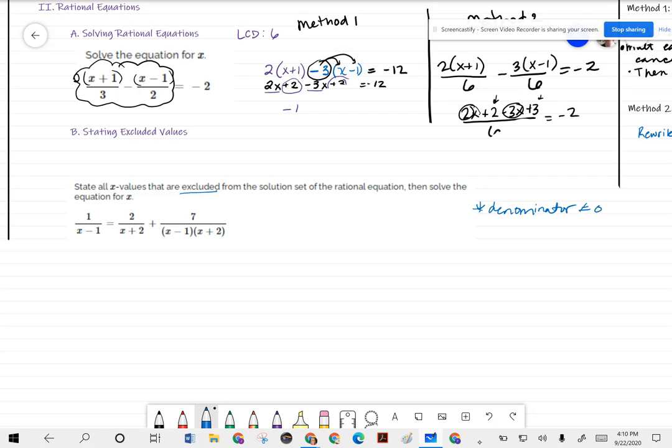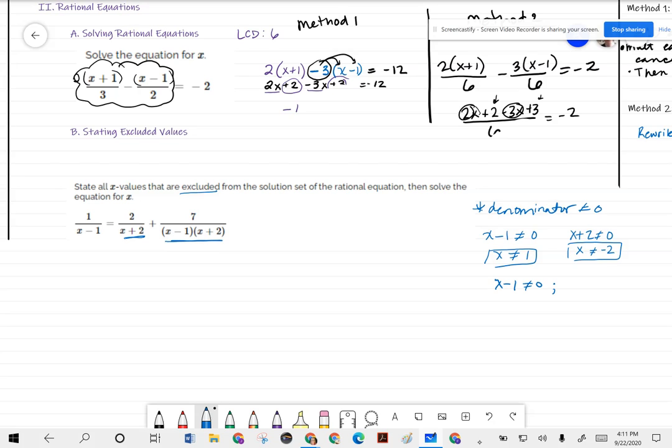So let's take a look at the first one. X minus 1 should not equal 0. Now let's go ahead and solve. We've got x cannot equal 1. So that's the first one. Now we're going to take a look at x plus 2. So we've got x plus 2 cannot equal 0. So we're going to subtract 2 from each side, and we say that x cannot equal negative 2. Now let's take a look at that one. We've got multiple factors here, so we just set each factor not equal to 0, essentially.